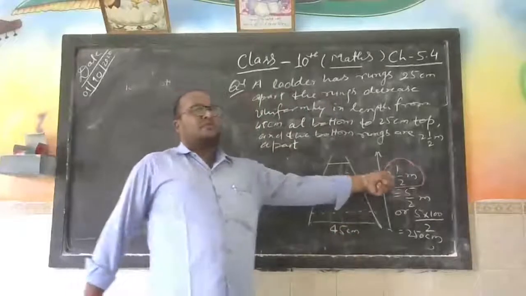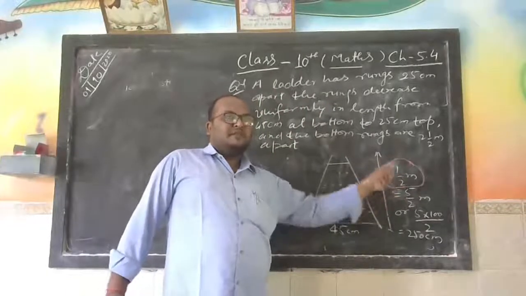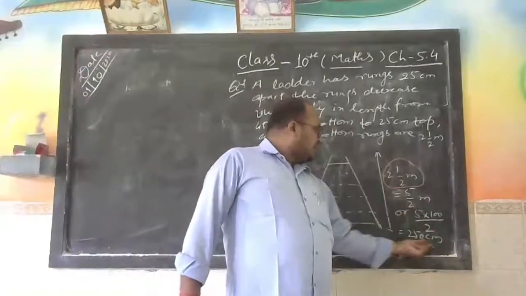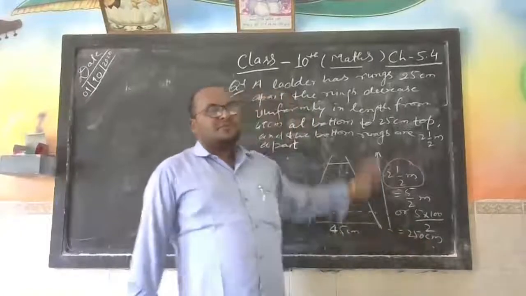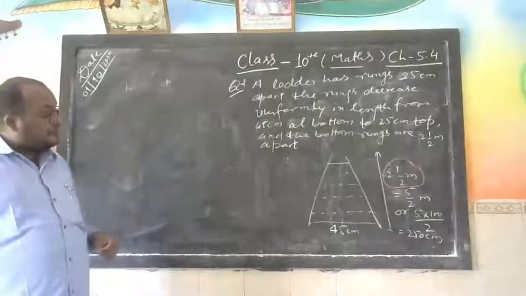Now we have converted this meter into centimeter. So when we multiply by 100, then it is 250 centimeter. The total length of the ladder is given here 250 centimeter.